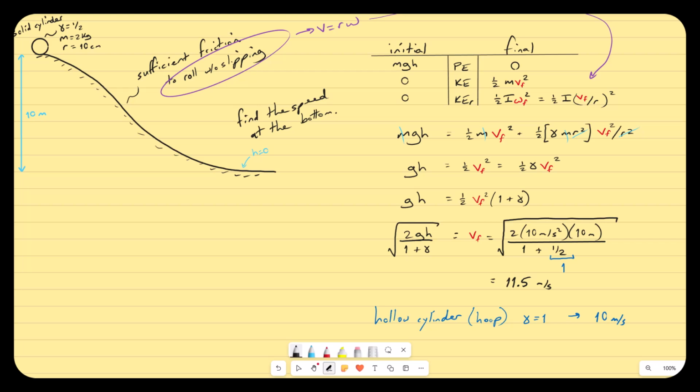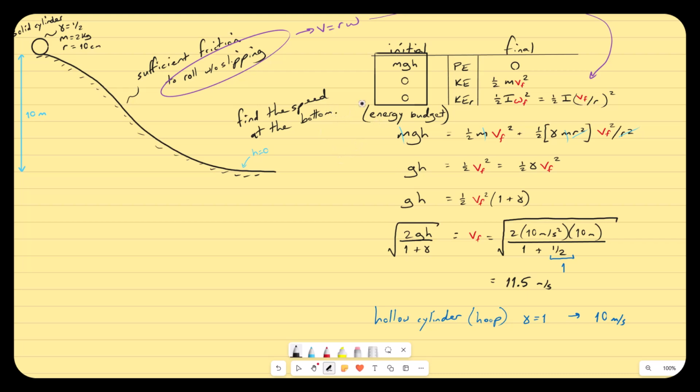It'll be going a little bit faster because none of the energy that I have, how do I say that? MGH, this left side, the initial side, is kind of my energy budget. That's how I think of it.